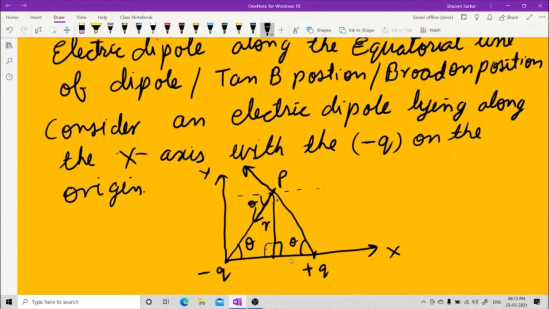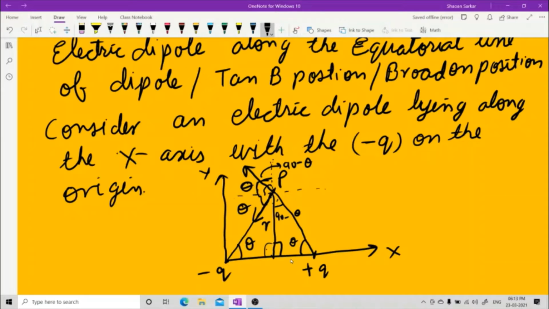You draw this line a little up, it will be easier for you to find the value. This is 90 minus theta, and this is 90 minus theta, vertically opposite. So this total is 90, and this line and this line is 90, so this is again theta. Let me write it clearly, this is theta.